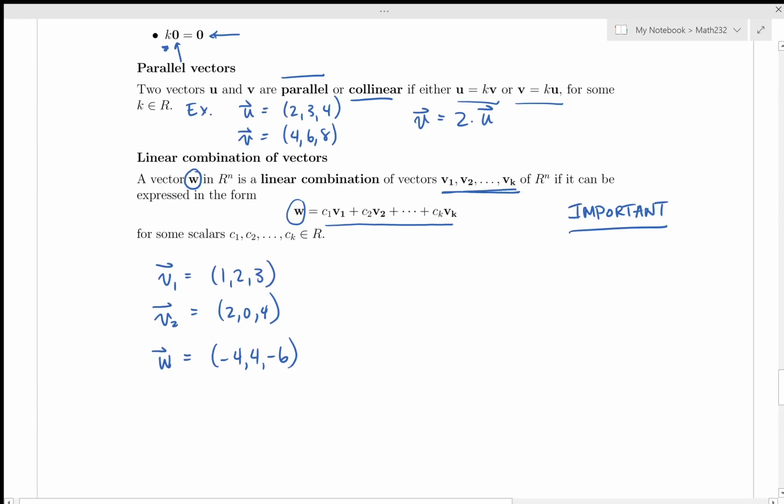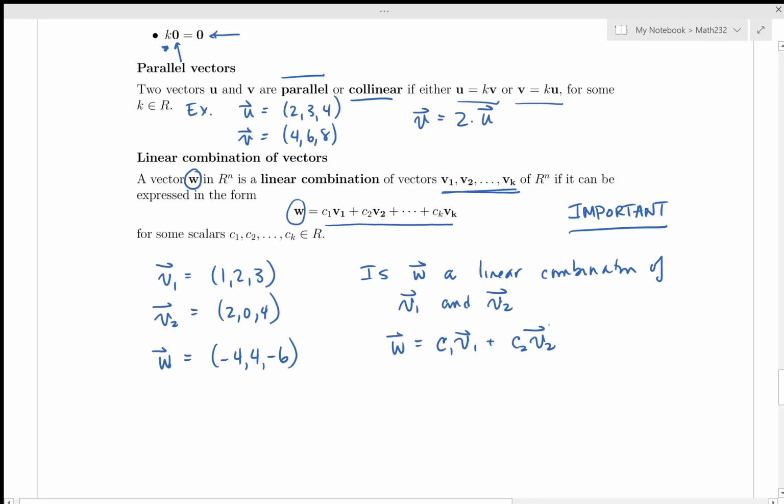Then I could ask the question, is w a linear combination of v1 and v2? That means, can I write w equal to c1 times v1 plus c2 times v2?